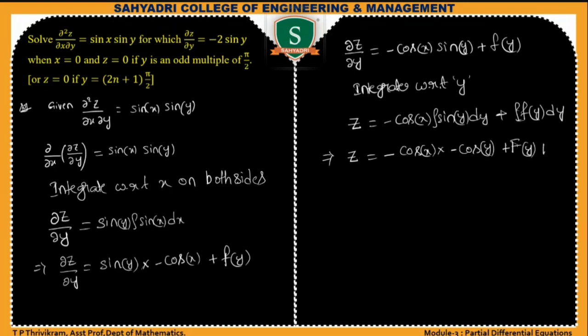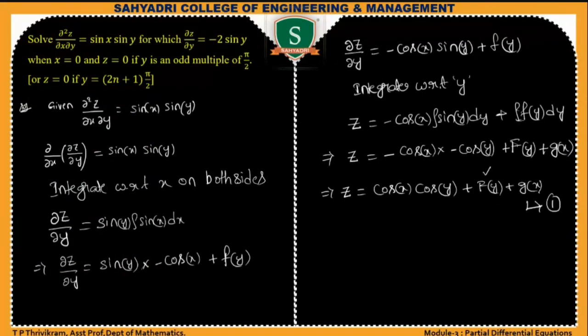Plus an arbitrary function, I can put it as g of x, because we have integrated with respect to y, we have to take the other variable as the arbitrary function. So finally, the solution: z is equal to minus into minus plus, you get cos x into cos y plus capital F of y plus g of x.